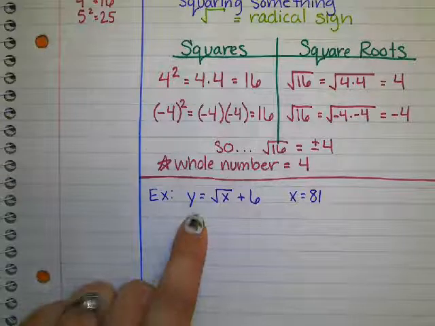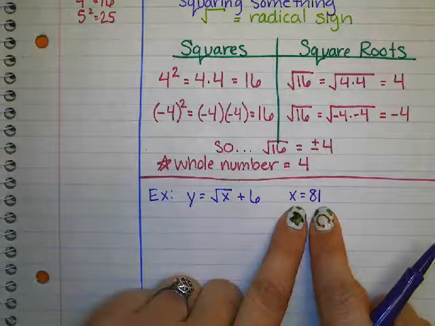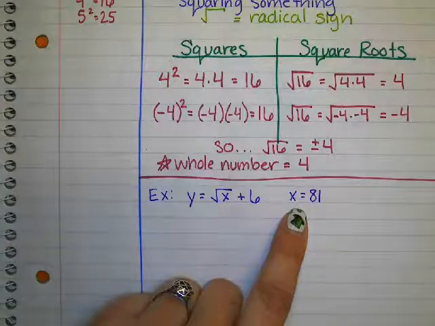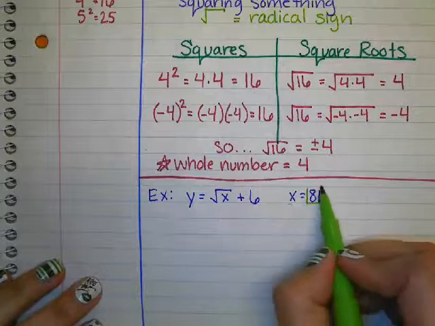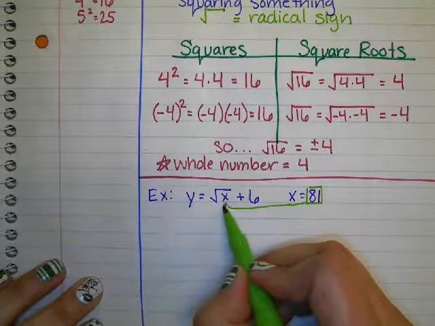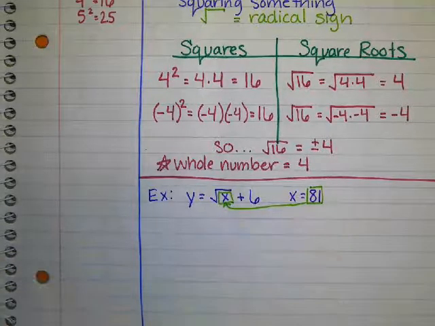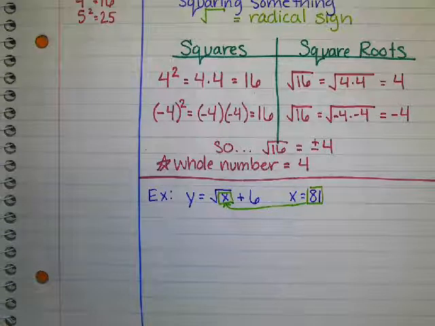Since we know x is equal to 81, we can substitute that 81 in for the x. And you guys have done substitution before, so you know how to do this.